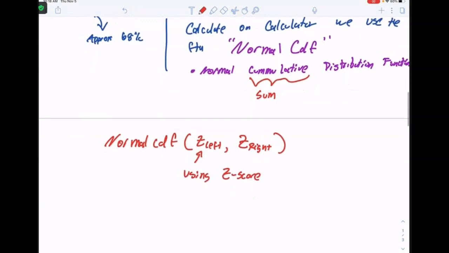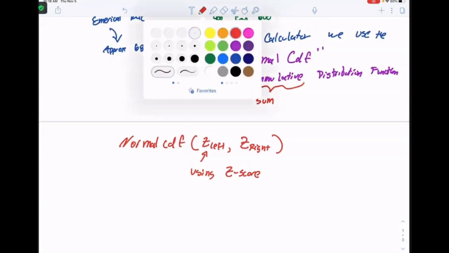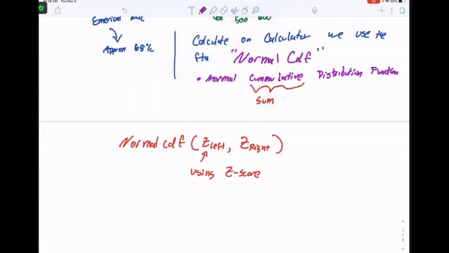This is how I traditionally want you to use it. You can also use normal CDF using the x values and then stating the mean and the standard deviation.